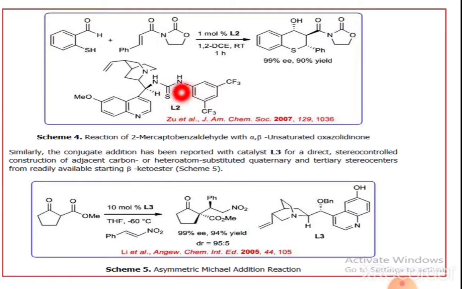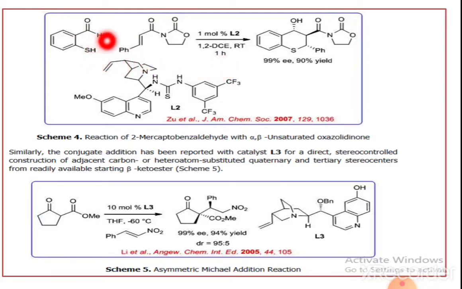This catalyst L2 activates both the Michael donor and the Michael acceptor. And we know that in a Michael addition reaction there is a Michael donor and a Michael acceptor. Due to the presence of this catalyst, both the Michael donor and the Michael acceptor are activated, and the rate of reaction will be enhanced.